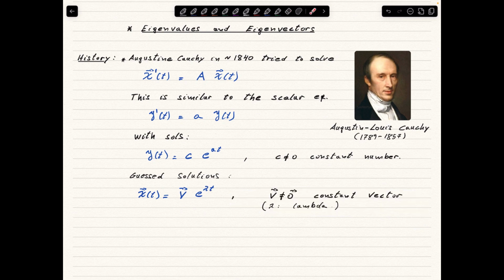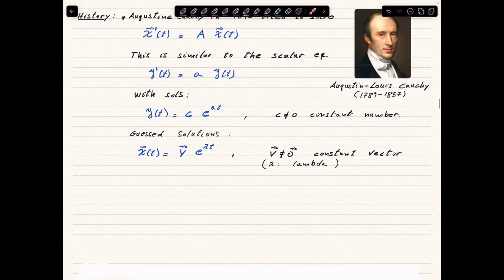As before, the constant is different from 0, so we are looking for solutions where the vector v is different from 0, and this number here is the Greek letter lambda. It's just a name. So these are the generalization of solutions for that equation. We are going to see when this type of function is actually a solution.